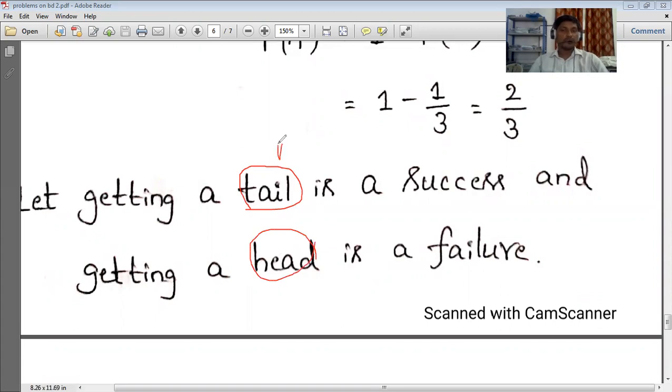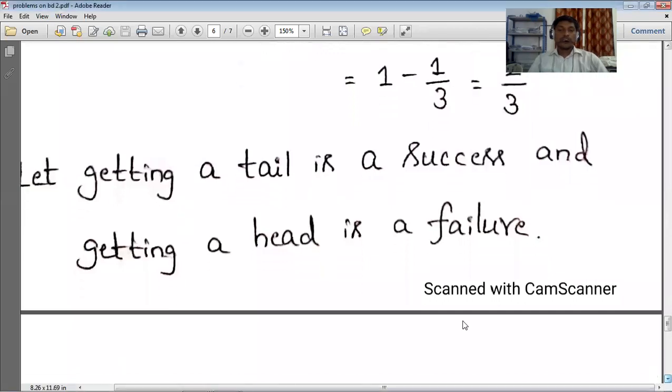It means probability of T is the success and probability of H is the failure, so P of T is generally P and P of H is Q. So P plus Q is equal to 1.